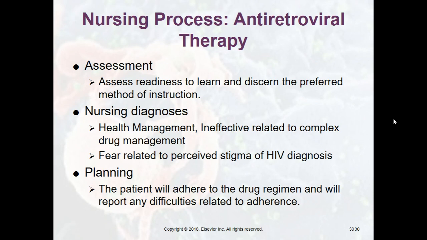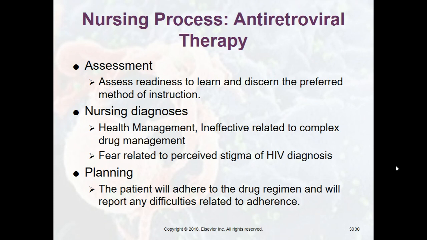Any issues with psychosocial wellness can be addressed. Any issues as far as getting access to their antiretroviral therapy can be addressed. So, with a patient centered medical home, especially for our patients that have been diagnosed with HIV, that's a very important aspect of their care.